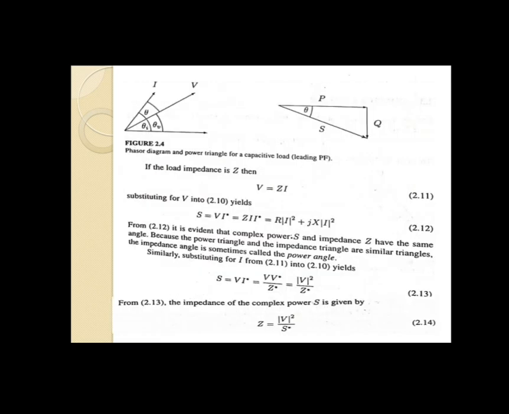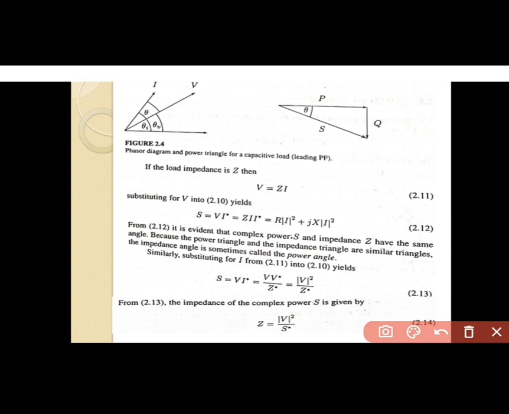Now if the load impedance is Z, then we can say V is equal to ZI. From the phasor diagram we can see P, Q, and S. Using Ohm's law, V is equal to IR, so instead of R we have the impedance Z. So try to put the value of V over here.